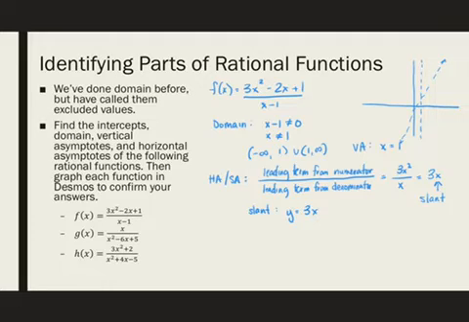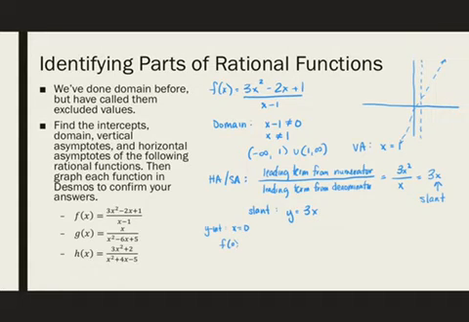And then I just kind of need to decide, do I have any intercepts? And if I do, how do I graph them? How do I put them on here? So intercepts are the same. Your y-intercept happens when x equals 0.